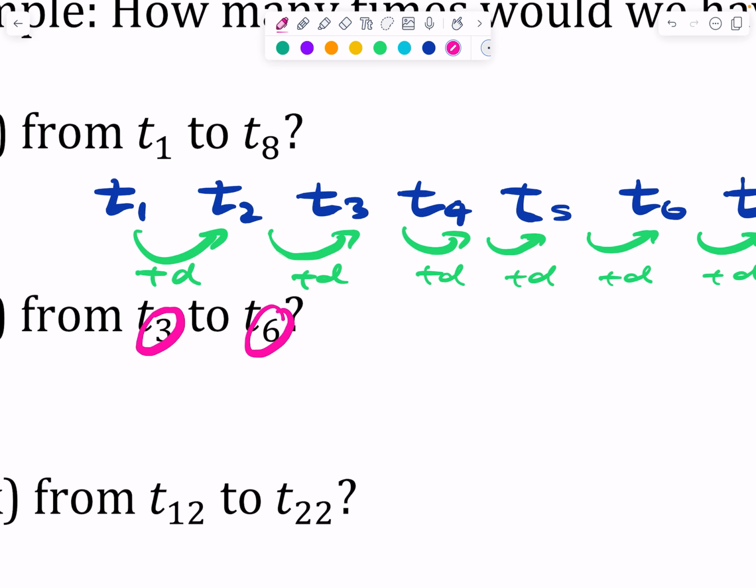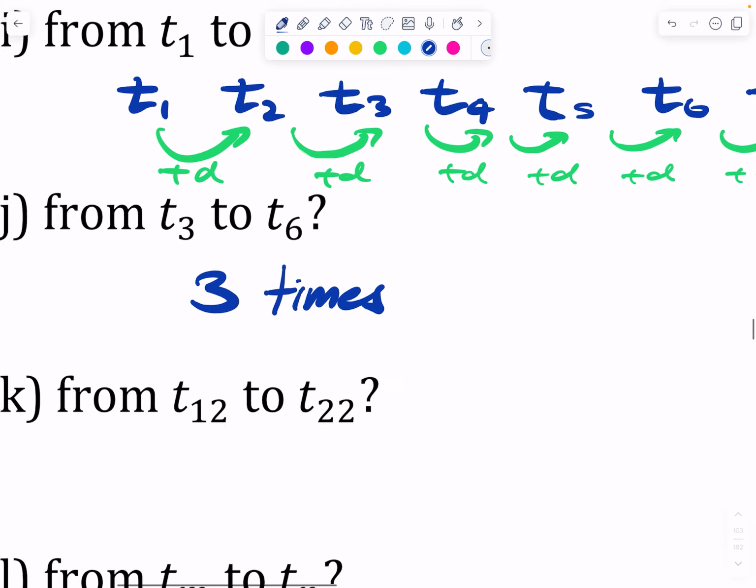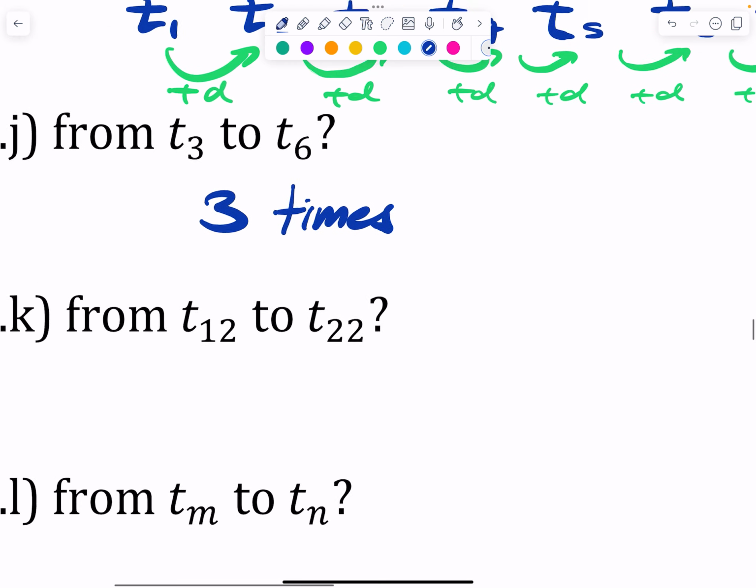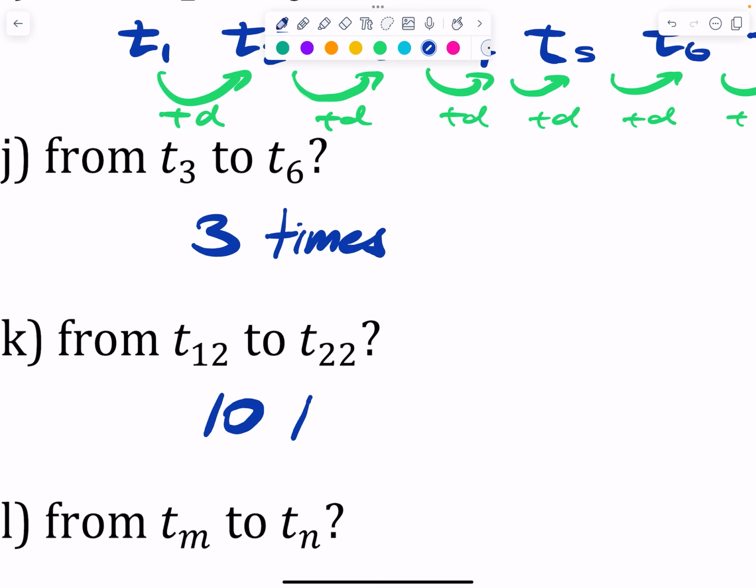If we just look at the difference there, we know we'll have to add that common difference 3 times to get from term 3 to term 6. From T12 to T22, 22 minus 12 is 10. So we would add the common difference 10 times to get from term 12 to term 22.